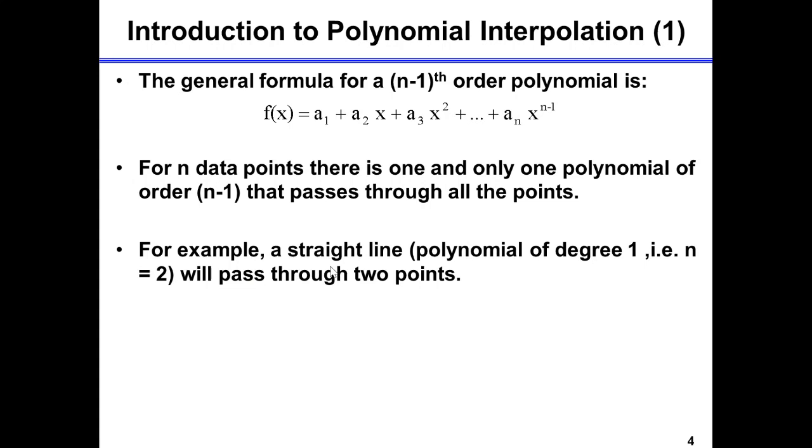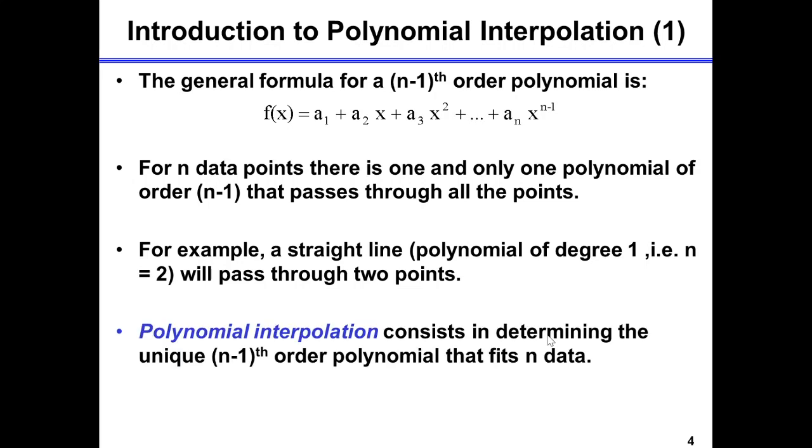For a straight line, we would say the polynomial of degree 1, right? You have 2 points, and you want to connect them. It's going to be one line, with the polynomial of degree 1, so it passes through 2 points. Polynomial interpolation consists in determining the unique n minus 1th order polynomial that fits the n data points. We are going to talk about it a little more.